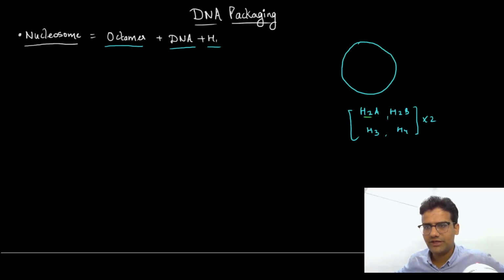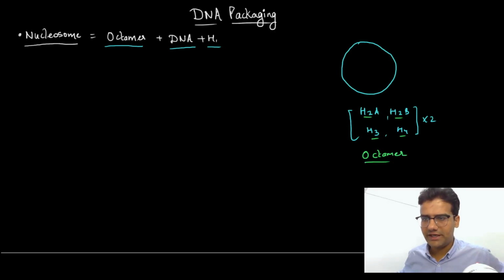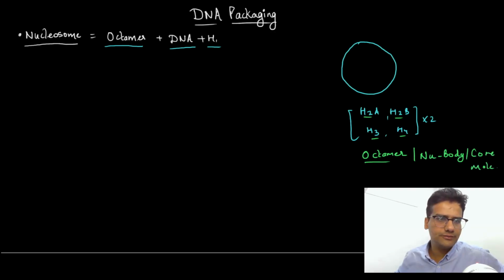So 2 units of each form an octamer, 8 units, therefore it is an octamer. Because there are 8 units, it is called an octamer, or a histone body, or a core molecule. So this is the core molecule.